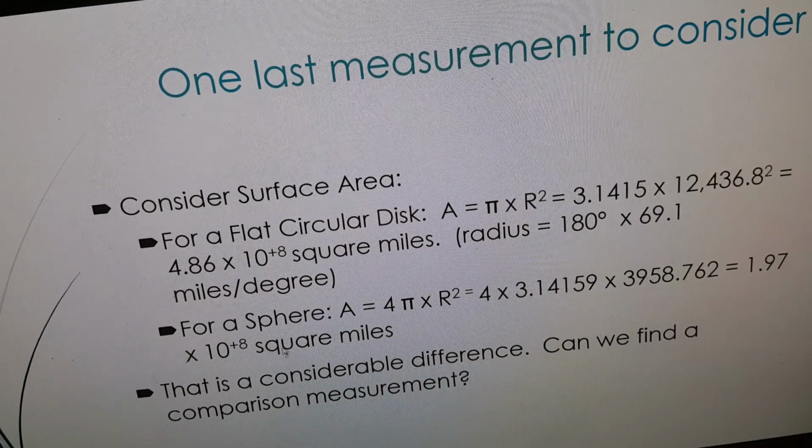So then for a perfect sphere, any perfect sphere, we know that the surface area is 4 pi r squared. Again, you can look up that formula if you like. So 4 times pi times the radius of the Earth squared.